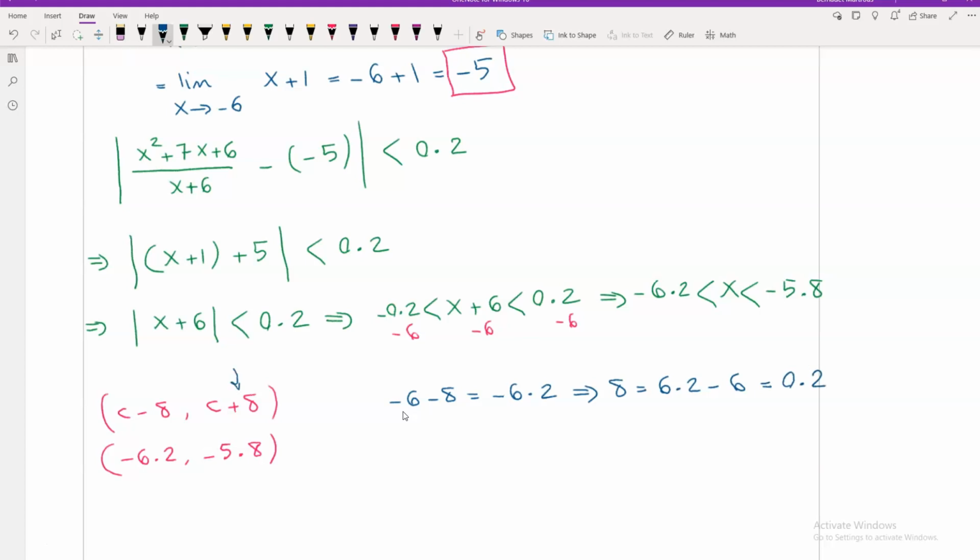And what we have here on the right side, c plus delta, c is negative 6. That is equal to this number, negative 5.8. Here again, delta is 0.2. That means delta is 0.2.